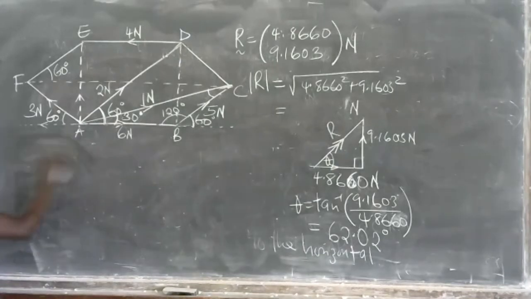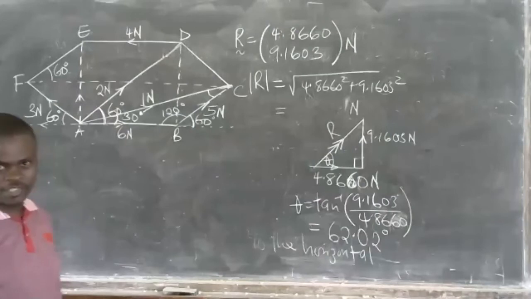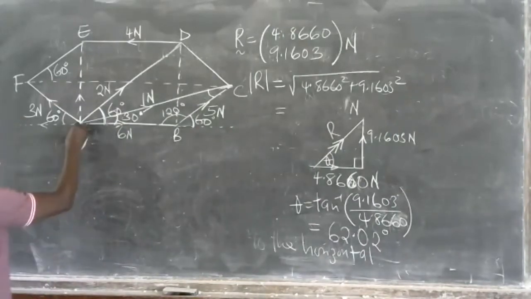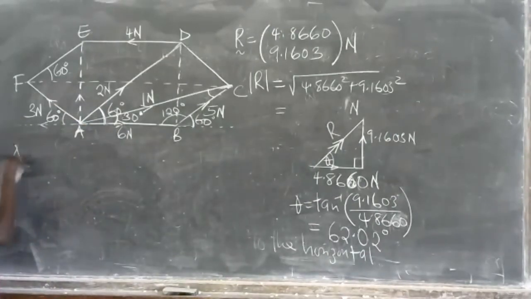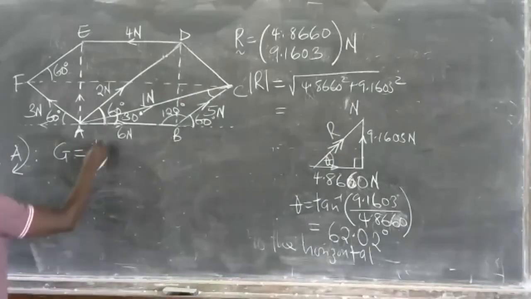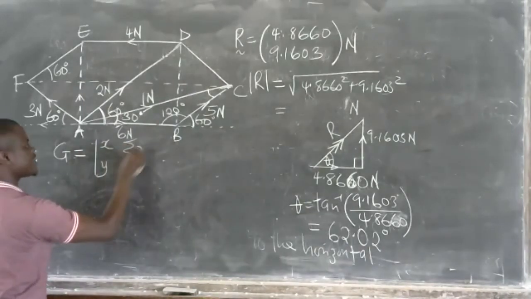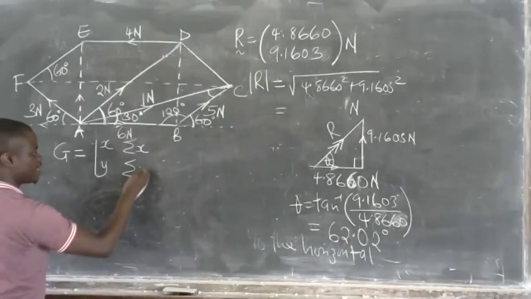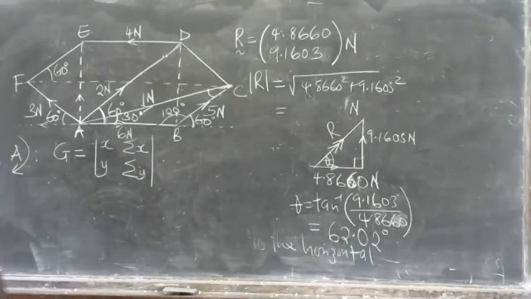Let me use the example, the way it was taught in lessons. To find where the line of action cuts AB, we use the equation of line of action, but the point where moments are taken should be the origin. So taking moments about point A, the sum of moments G is equal to XY, then sum of forces horizontally and the sum of vertical forces.